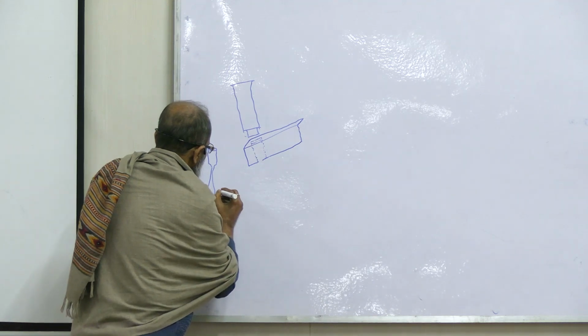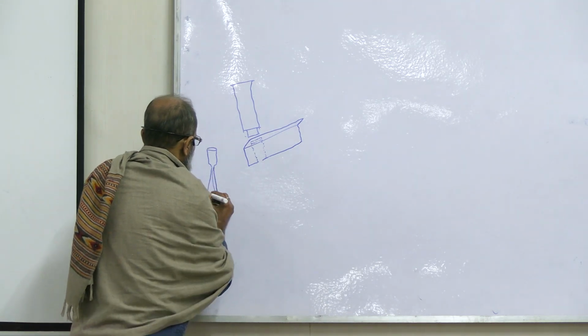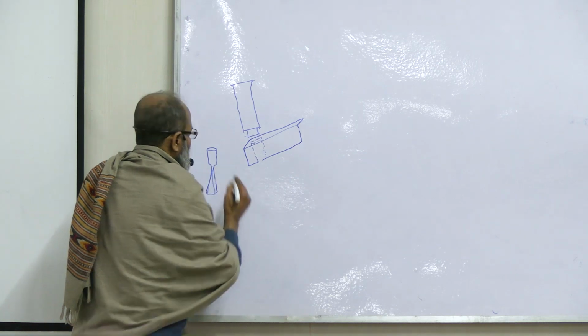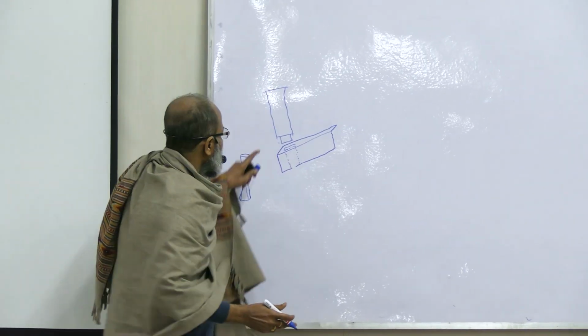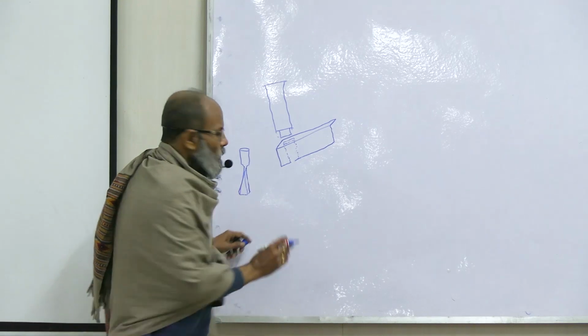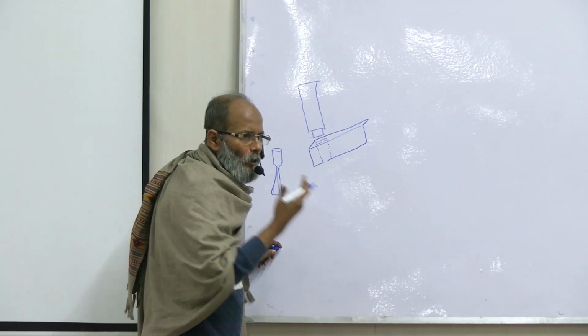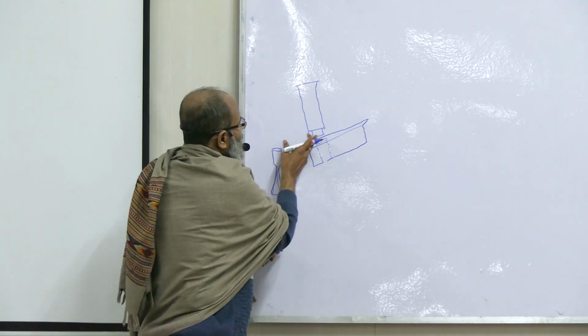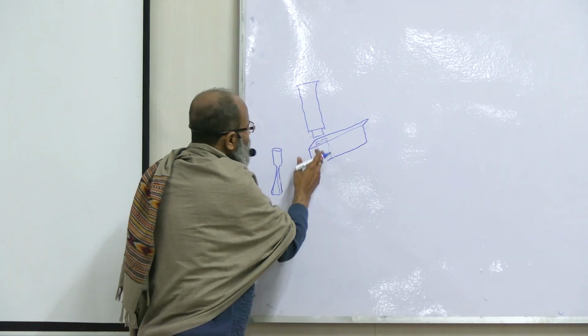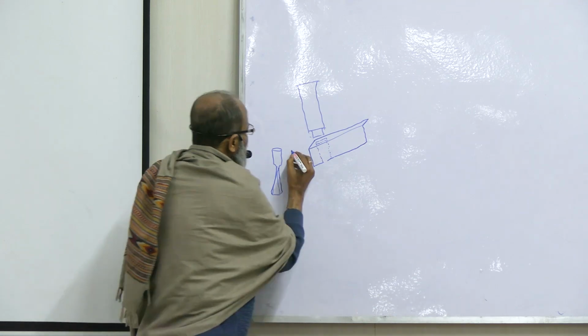Now this part is this one. Got it? So here we use the flat part to take out the wood from the front and from behind of this process. And here we use the narrow part of the chisel.